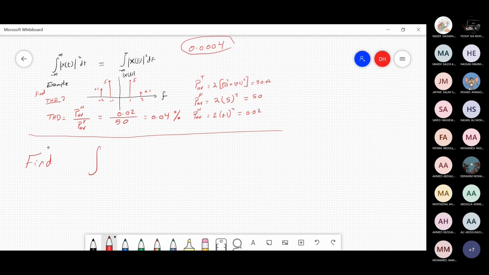Integration of 2 over 2 plus j omega all squared d omega, from -infinity to +infinity. I want to find x of t. Or we want to evaluate this one. Evaluate all this.